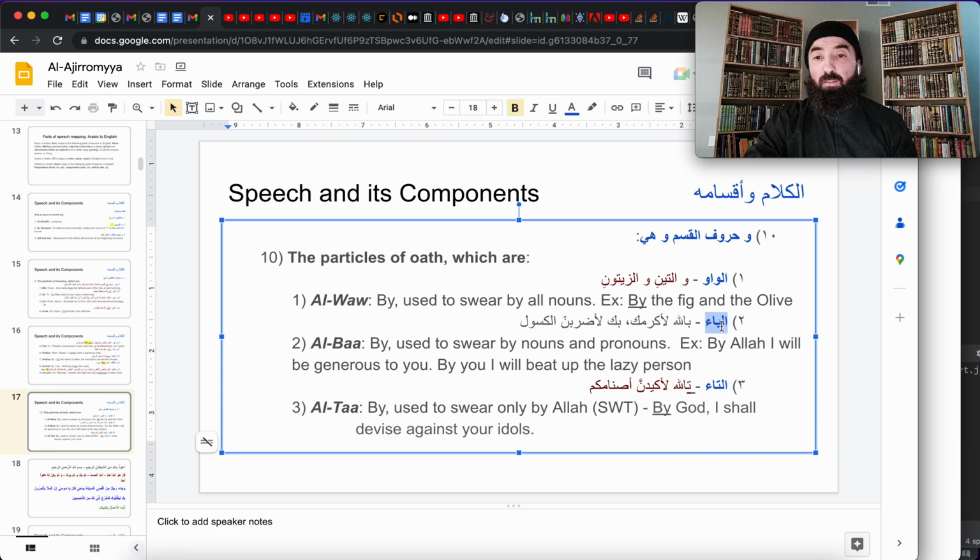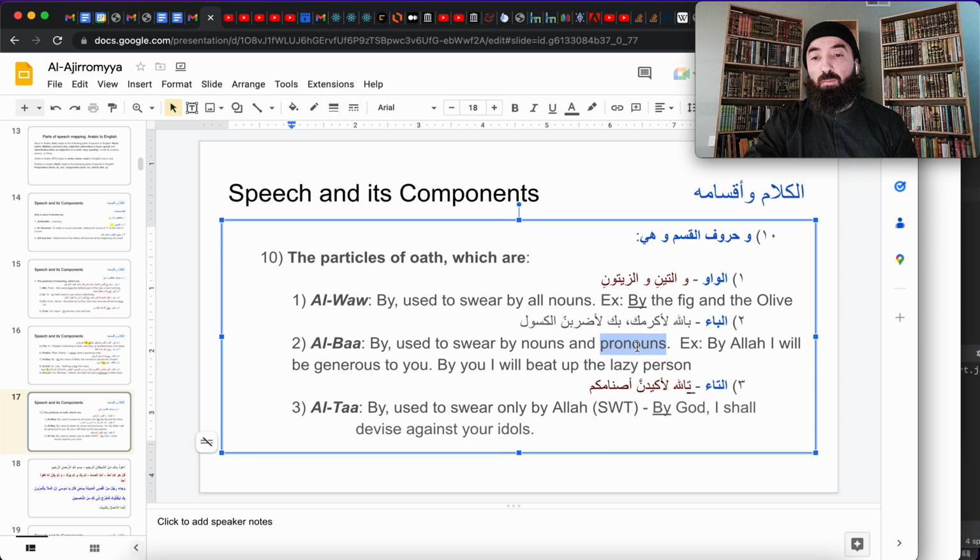And then the second letter particle of oath is al-ba. Billahi la ukrimaka, meaning "By Allah, I will be generous to you." It is used to swear by nouns and pronouns.